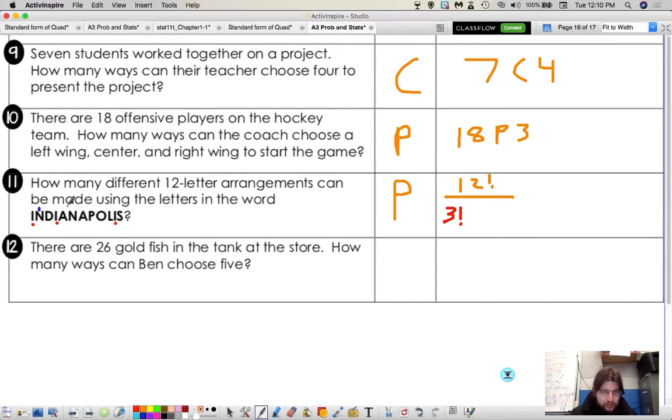N, that's it, 2 factorial. D, no, A and A, that's 2 factorial. That's it. So whatever that gives you would be how many ways you can arrange the word Indianapolis.